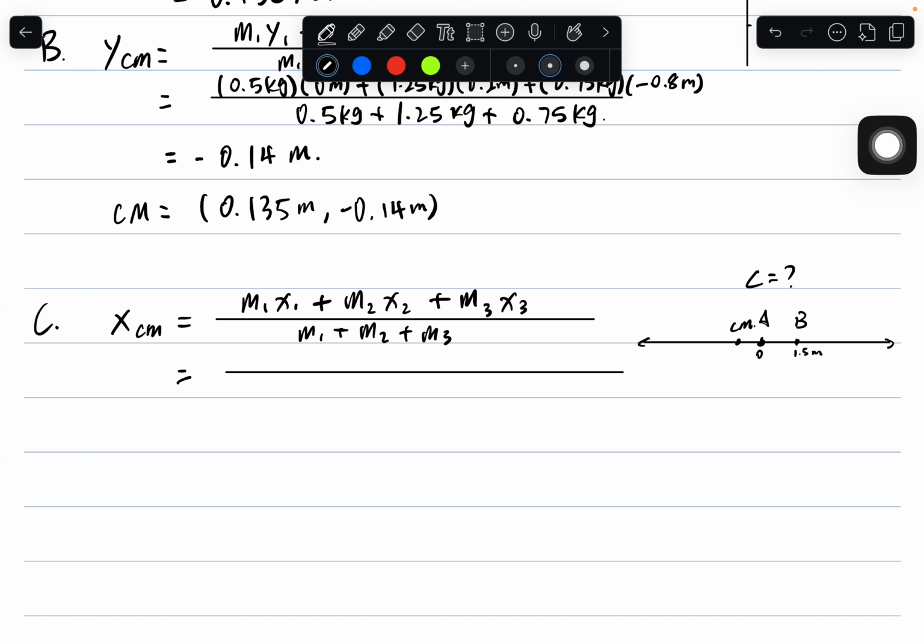So 3 kilograms times 0 meter plus 2 kilograms times 1.5 meters plus 1.2 kilograms times x3, divided by the sum of their mass, 3 kilograms plus 2 kilograms plus 1.2 kilograms.